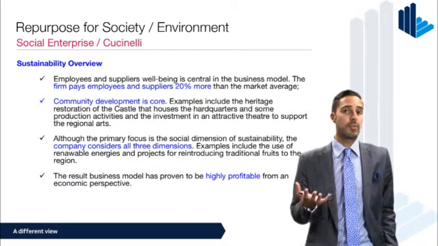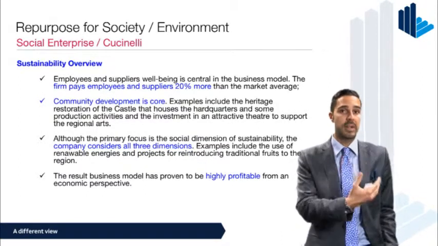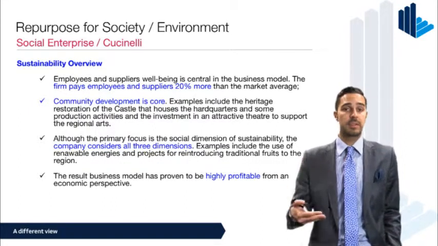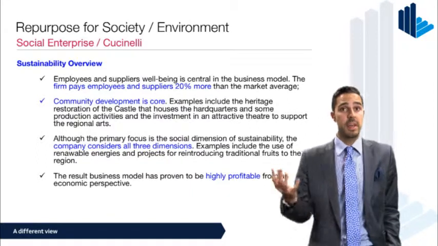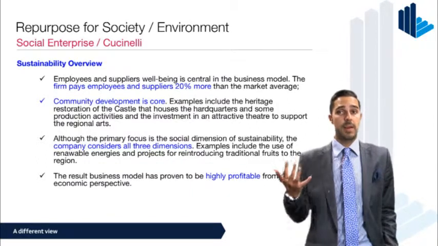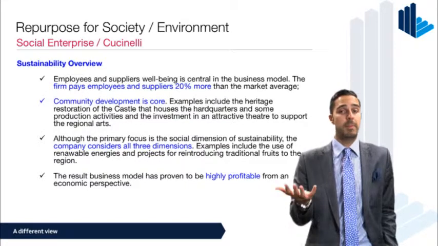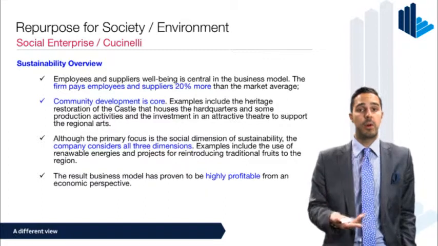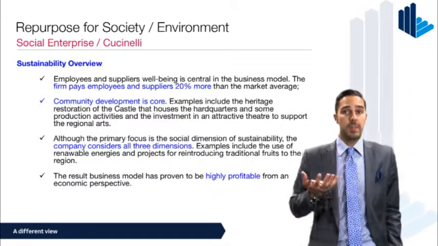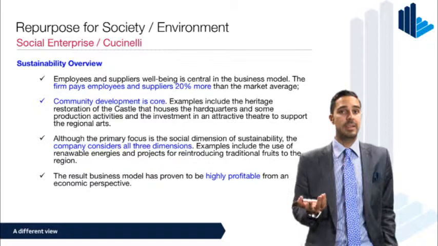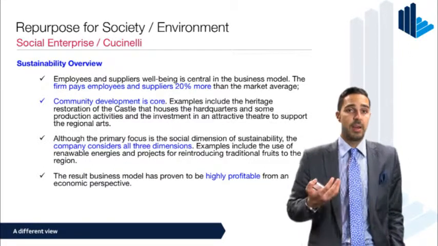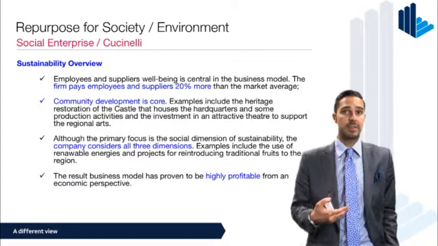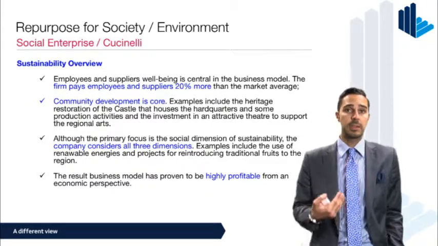In the case of Colacem, it is more connected to environmental problems. In the case of Cucinelli, it is more connected to social problems. But in both cases, actions are not disconnected, but are linked to the economic profitability of the business. So this is really implementing the triple bottom line. Of course, sustainability calls for an approach that is as integrated as possible.